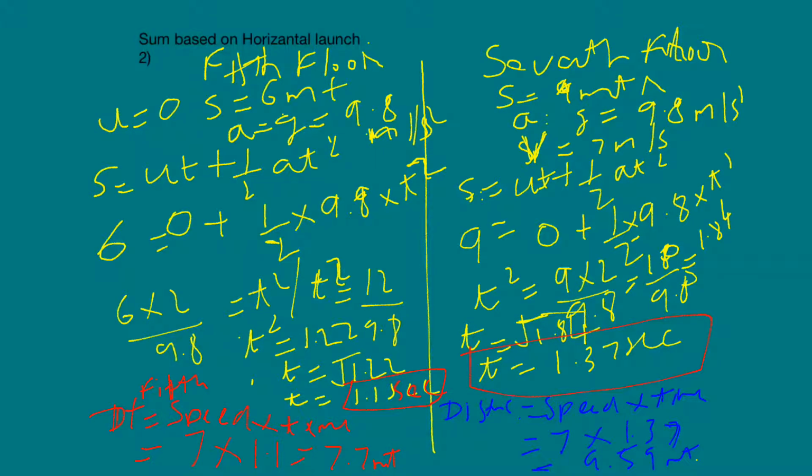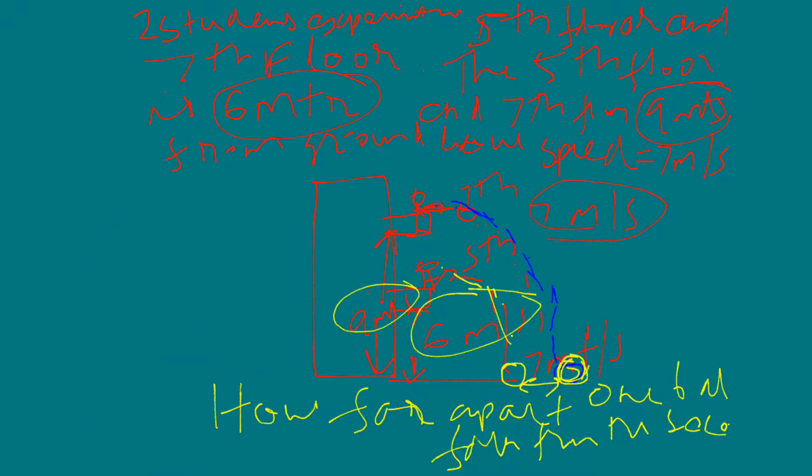So this distance, the ball that has fallen here, from here to here, just now we calculated for the 5th floor was 7.7 meters, and from here to this ball, this distance, we got 9.59.